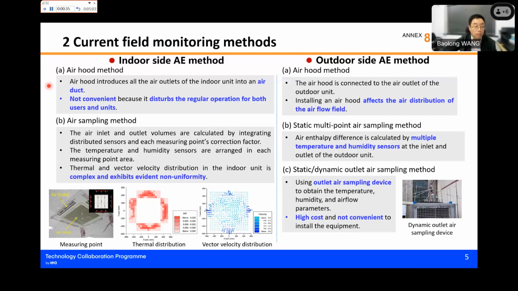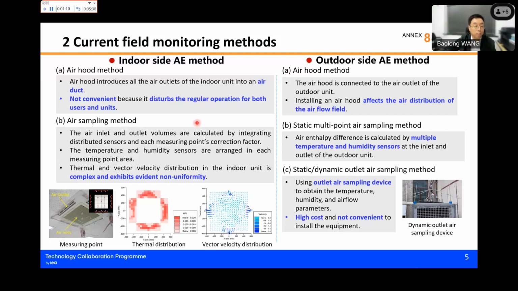You can cover the outlet of the indoor terminal with an air hood, which introduces all the air outlet of the indoor unit into an air duct. At the air duct, you can measure the airflow rate and also the average temperature and humidity of the outlet air.